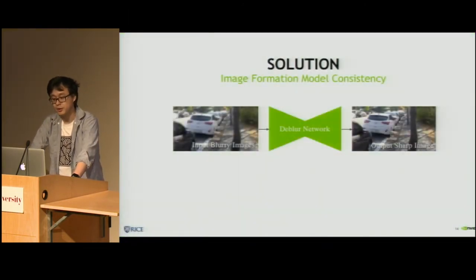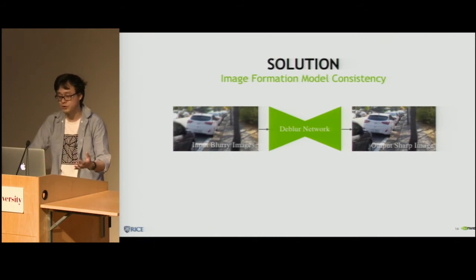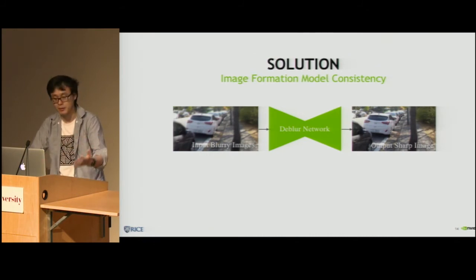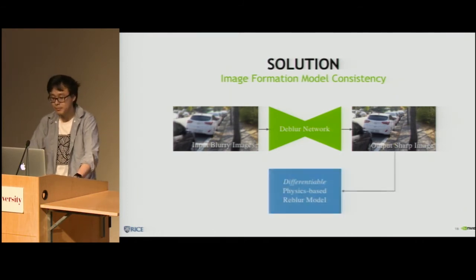For conventional deep learning-based deblurring, one would train the deblur network using blur-sharp image pairs. At runtime, you pass the blur image in, and the network will spit out some sharp image, and it stops there, regardless of whether the output image is close to reality.